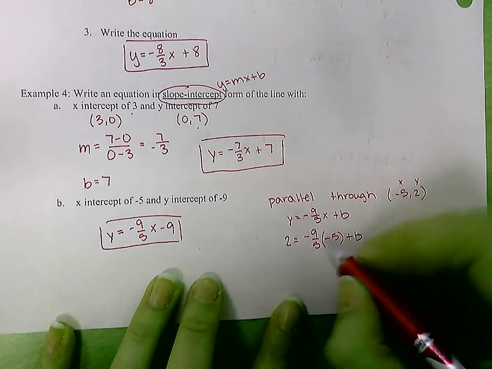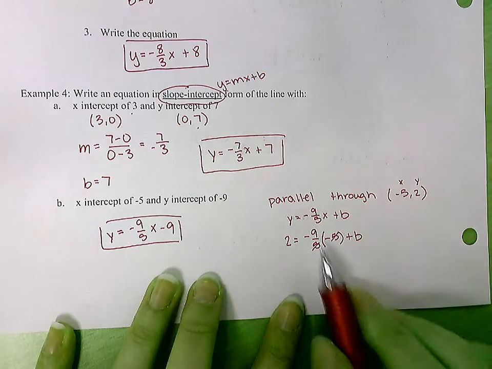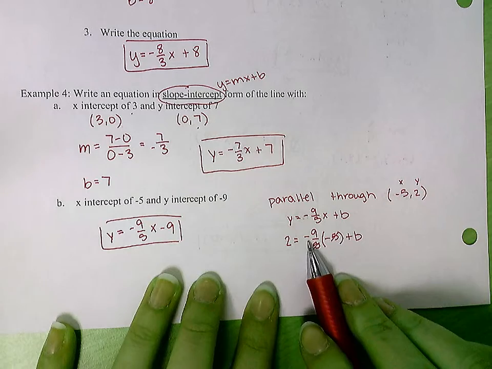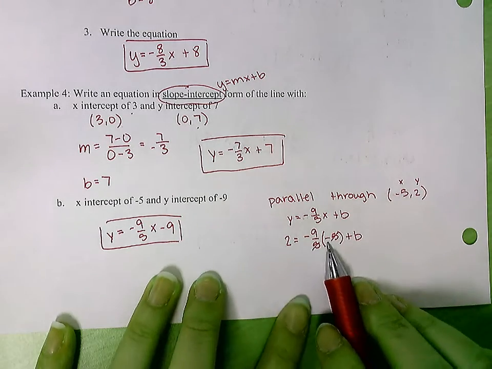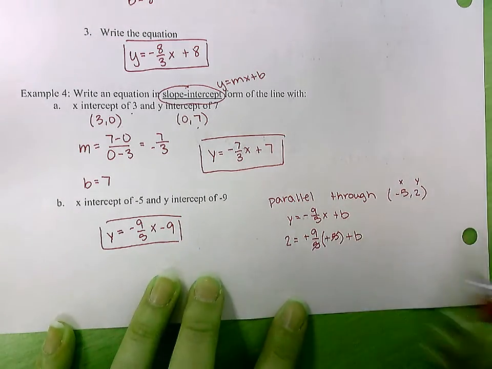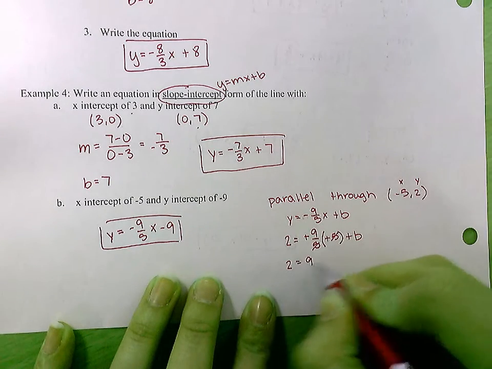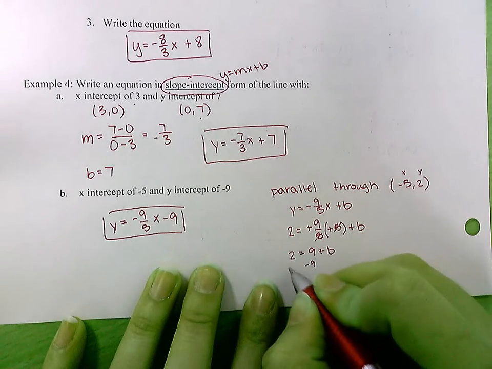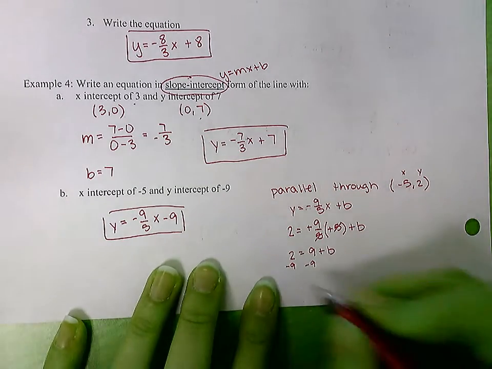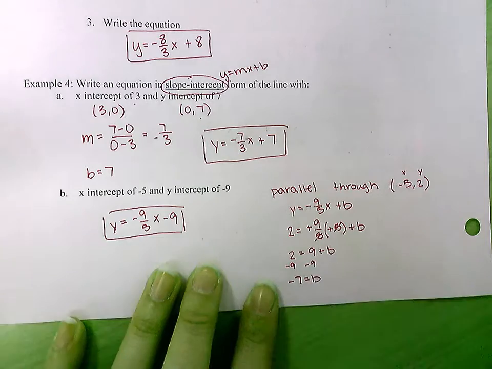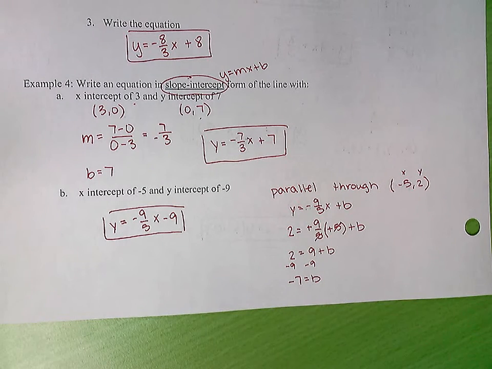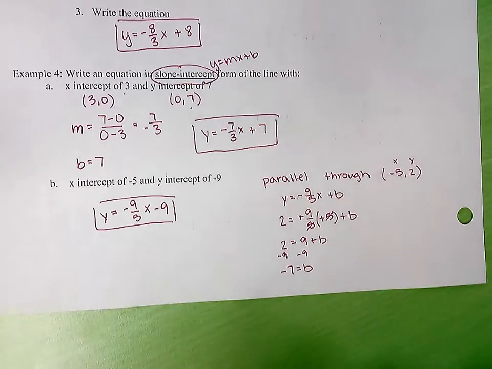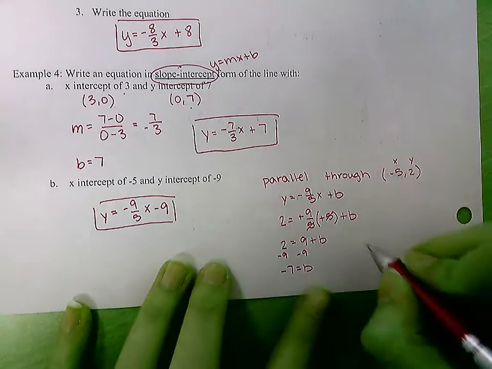So now I can cross these out. I have a negative times a negative. That's positive. So we have 2 is equal to 9 plus b. Subtract 9. So b will be -7. Now I can use that to write out my equation of this line.